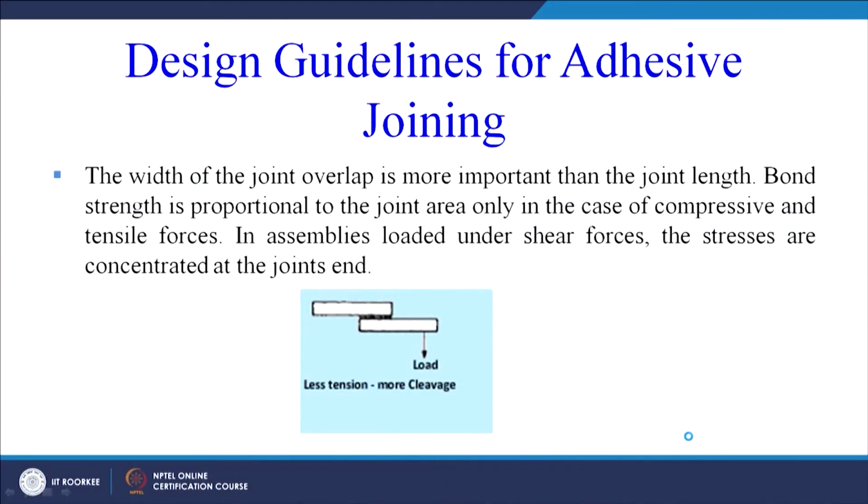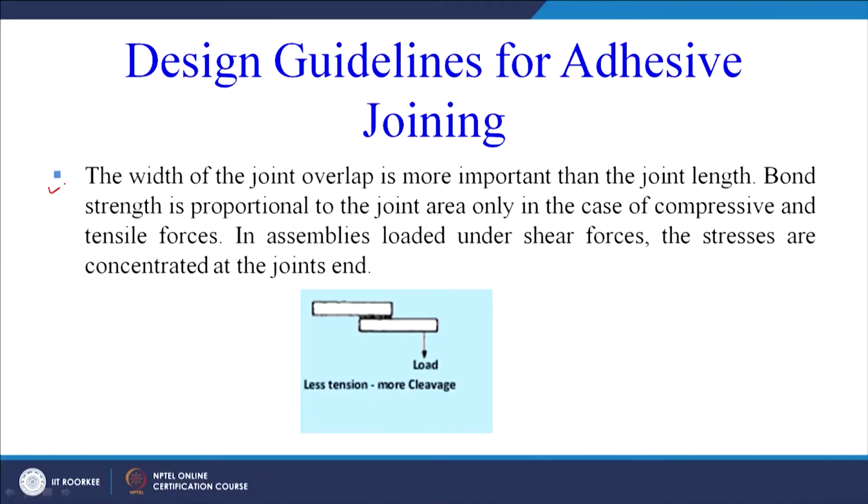Now the width of the joint overlap, this is an important guideline. The previous one was that when we are designing the product, we must ensure what type of loading is going to come on the product, what type of loads the adhesive joint can bear or resist easily, and what type of loading is detrimental to the performance of the product.